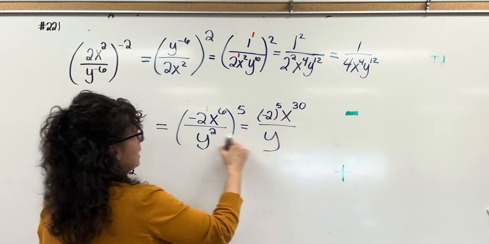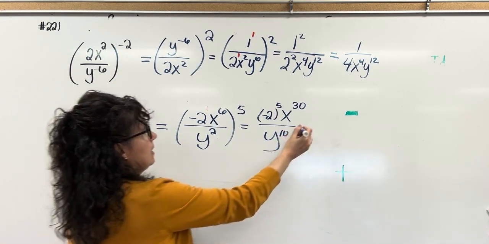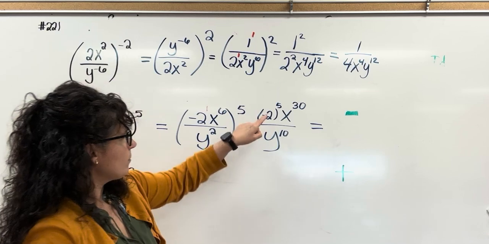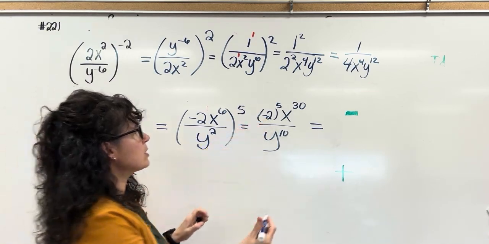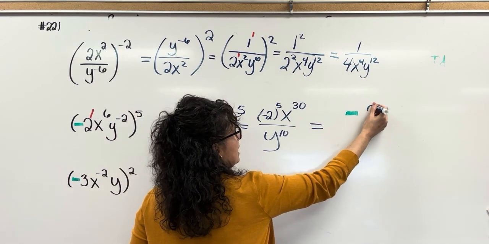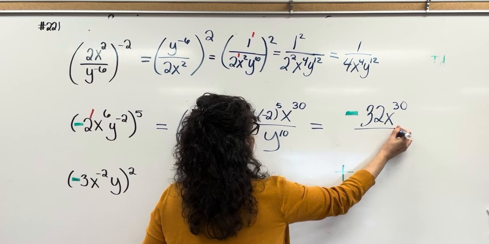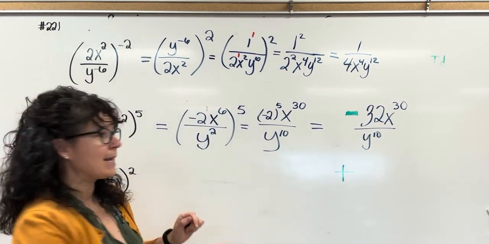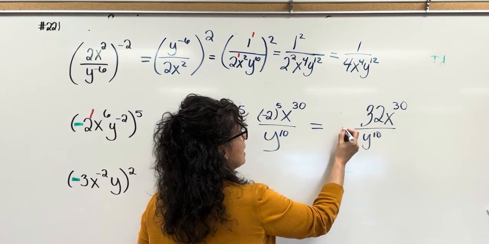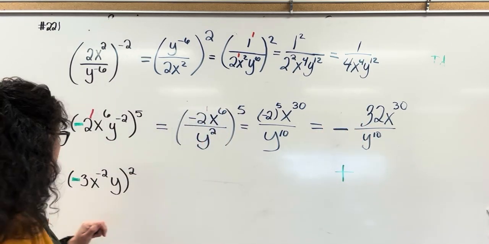And then y, 2 times 5 is 10. And then my final answer here, 2 times 2 is 4, times 2 is 8, times 2 is 16, times 2 is 32. So I have negative 32 x to the 30th all over y to the 10th. I prefer for final answers to put my negative with the bottom, out to the side. So I'm going to put that out to the side and I have my final answer.